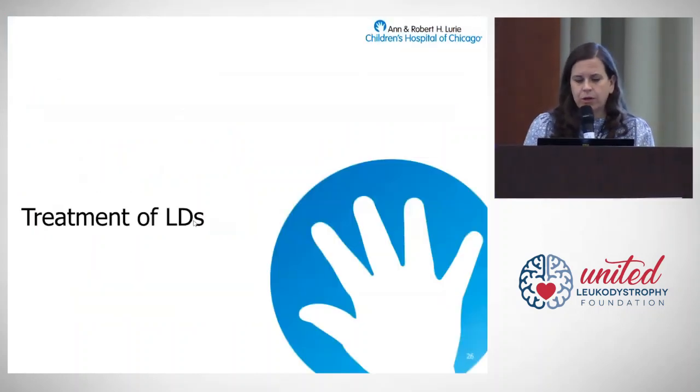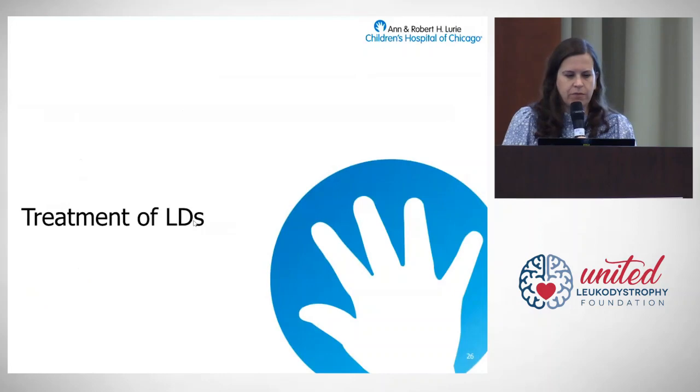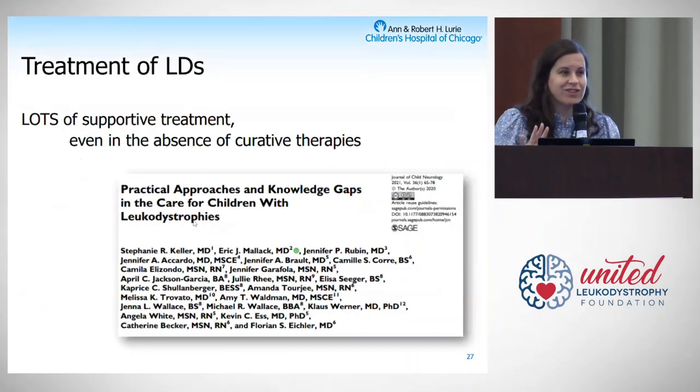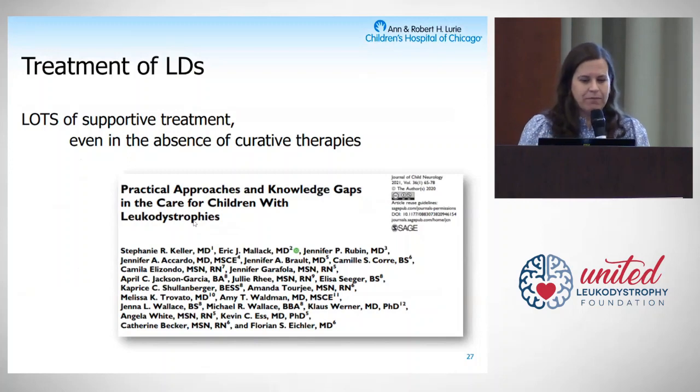Okay, so we'll talk a little bit about just the concept of treatments. Just to clarify, there's lots of supportive treatment, even in the absence of curative therapies. I think a great model of that is cystic fibrosis.